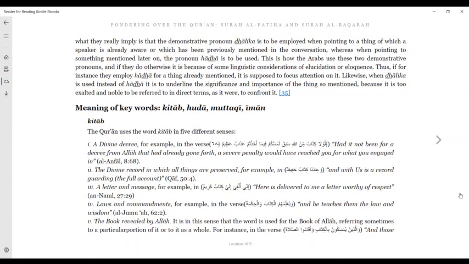Likewise, when ذَلِكَ is used instead of هذا, it is to underline the significance and importance of the thing so mentioned, because it is too exalted and noble to be referred to in direct terms, as it were, to confront it.